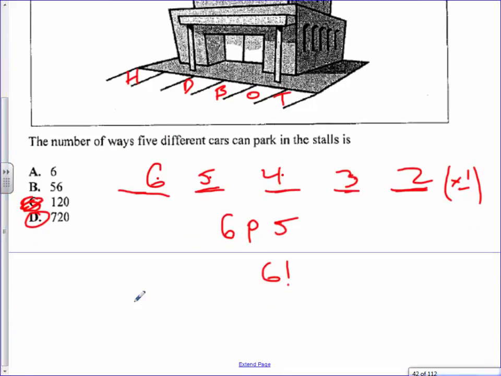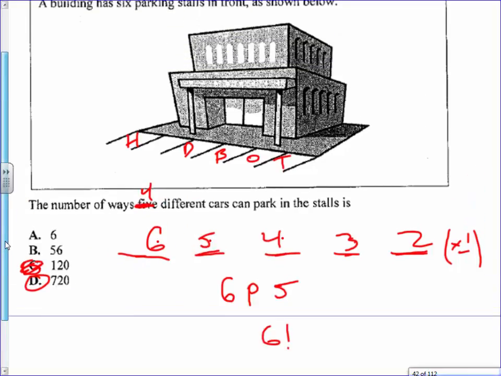Wait, so which one would be correct then? All of them. I mean, 6 pick 5 would have worked. 6, 5, 4, 3, 2 would have worked. If it wasn't like that there was just 1, which one would be correct? Let's say that it was 4 different cars parked in the stall. Let's change it to that. Okay. If there were 4 cars in the stall, I would say 6 pick 4. Does that make sense?